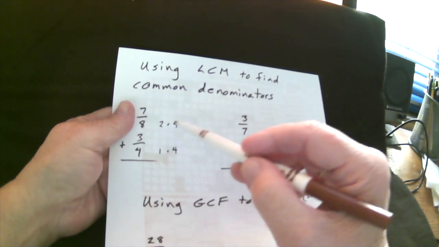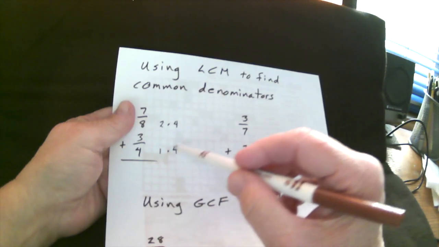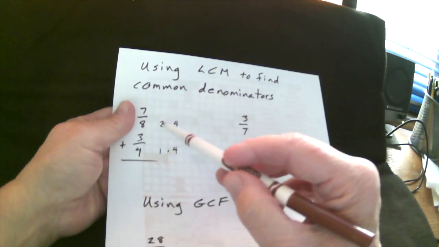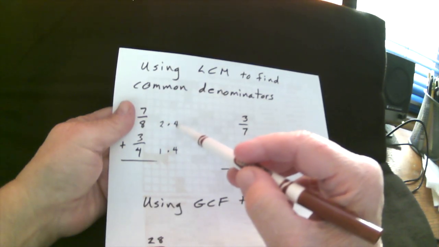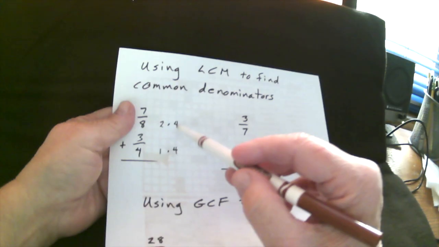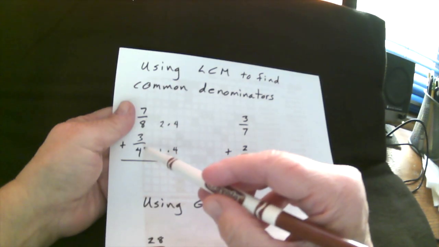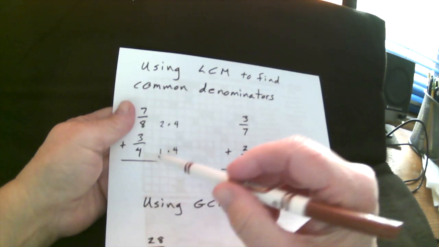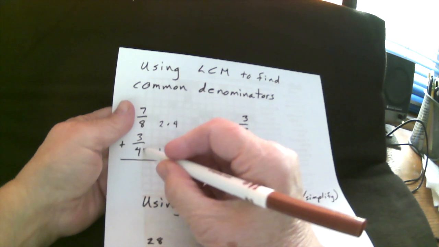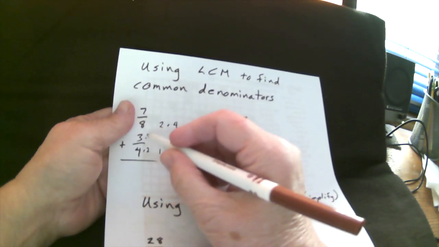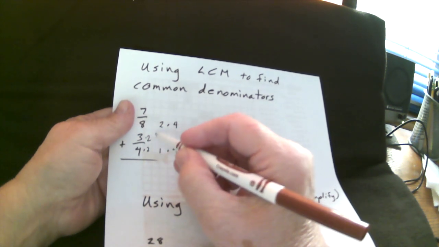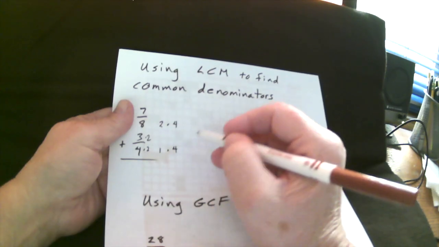Here we have 2 times 4. Here we have 1 times 4. We need to have both the 2 and 1 of the 4s. So 2 times 4 is 8, which means that we can turn 3 fourths into eighths. We're going to multiply by 2, and we will have 6 eighths.